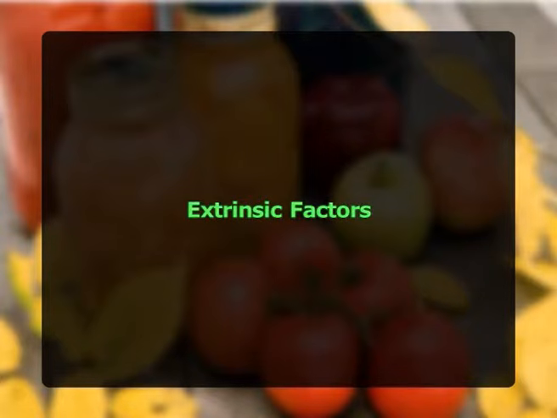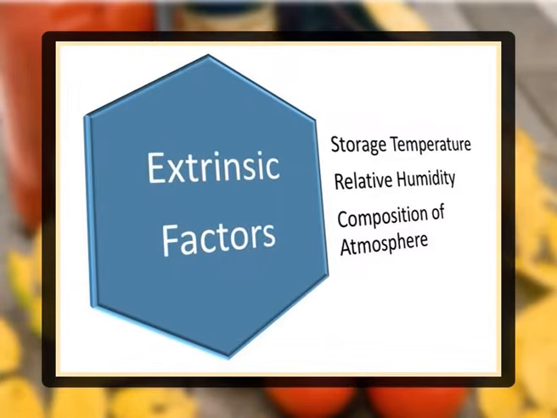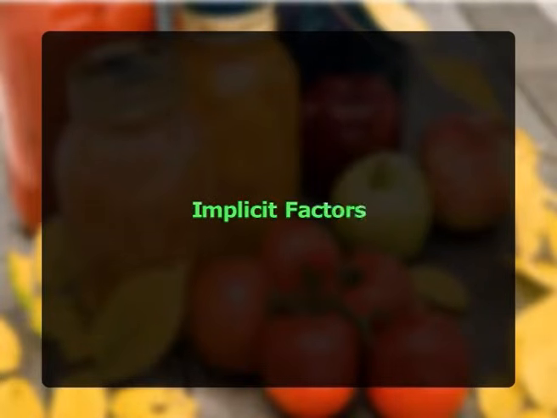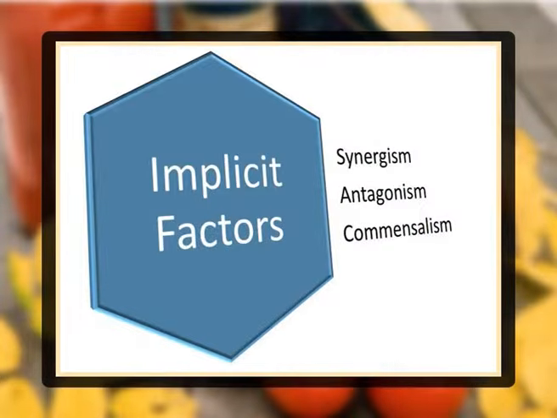Extrinsic factors. Extrinsic factors are those factors that influence microorganisms in foods but which are applied from outside the food and act during storage. Next are the implicit factors. These include those factors that are related to the nature of the microorganisms themselves and to the interaction between them and with the environment with which they are in contact during growth.